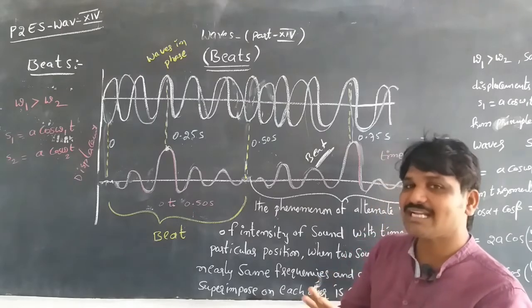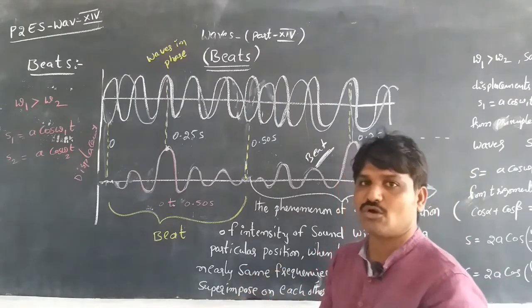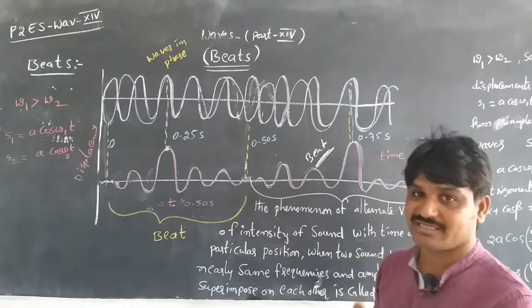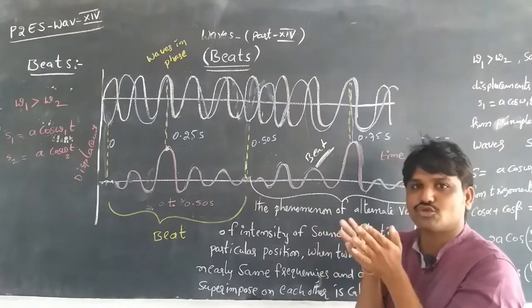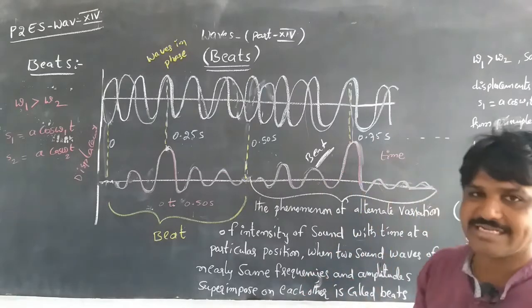So the waxing and waning of sound of alternating intensity, when two waves are superimposed, is called beats.